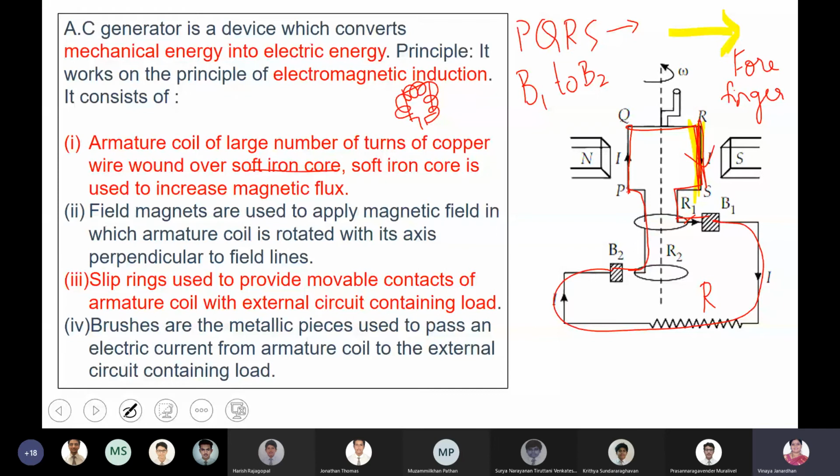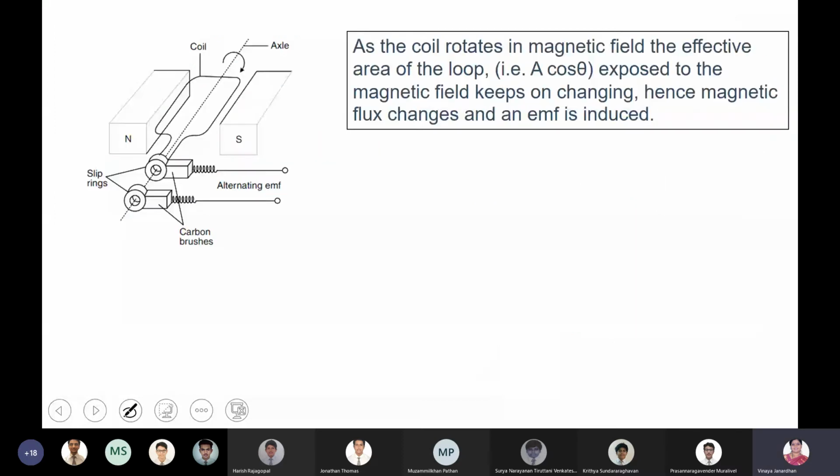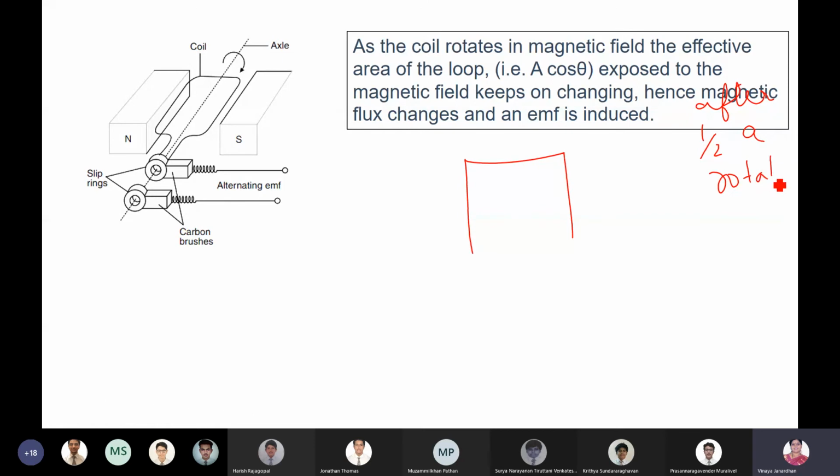Now what will happen after half a rotation? I think all these things you would have learned in grade 10, but anyway, I'll just do this. Now this is after half a rotation.